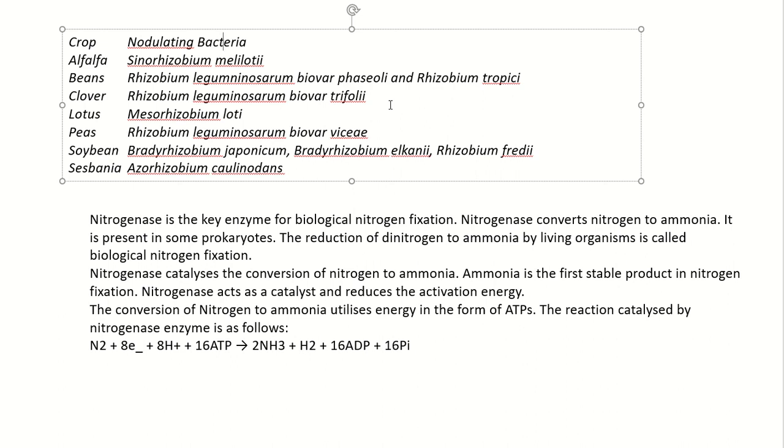Then soybean: Bradyrhizobium japonicum, Bradyrhizobium elkanii, and Rhizobium fredii, and Azorhizobium caulinodans. So nitrogenase is the enzyme. Nitrogenase is the key enzyme for biological nitrogen fixation, BNF.